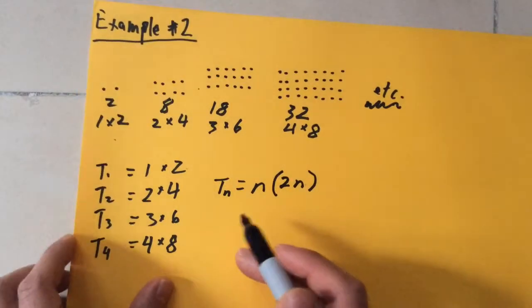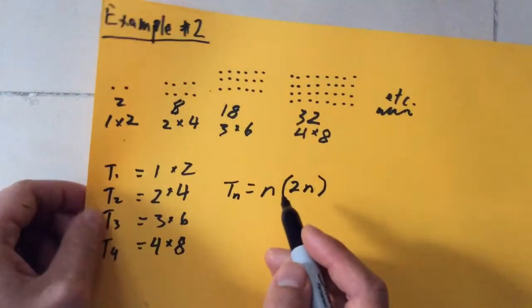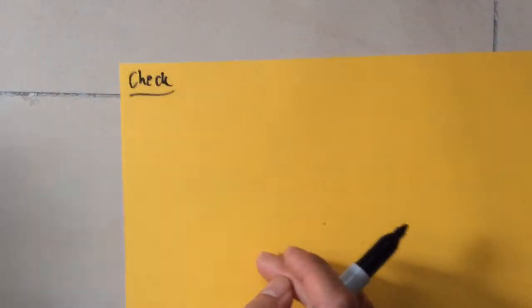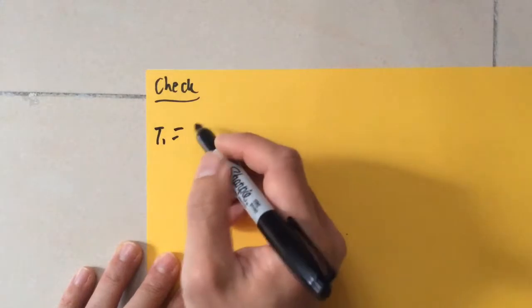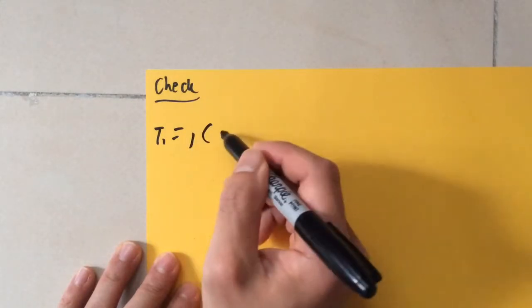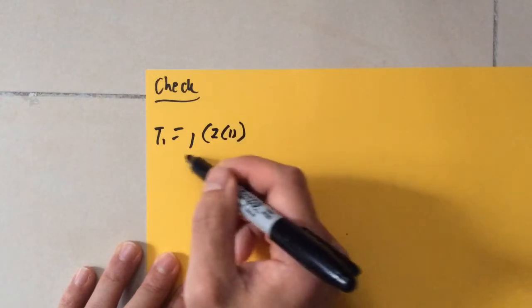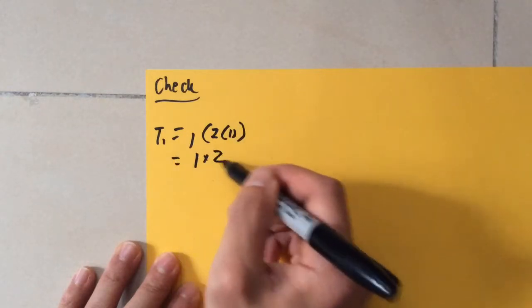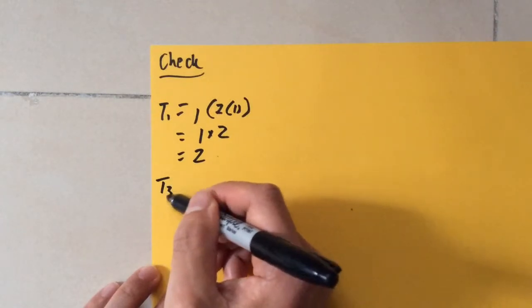Now, let's verify our answer to see if our general formula works for the sequence. For T1 we have 1 times 2 times 1, and that'll just be 1 times 2, which gives us 2. Let's try T3.